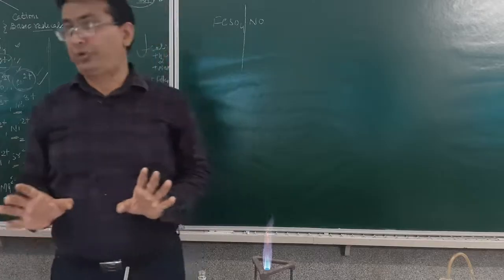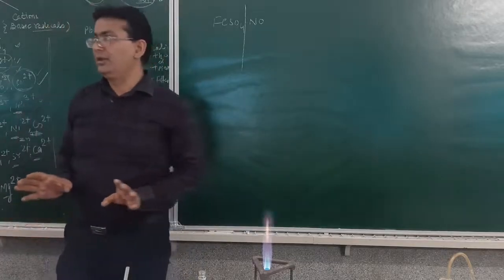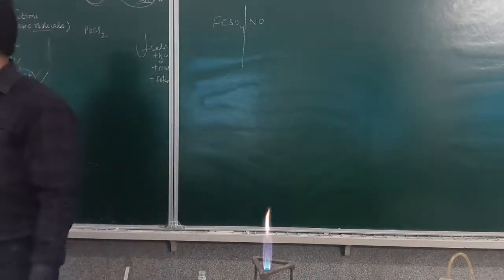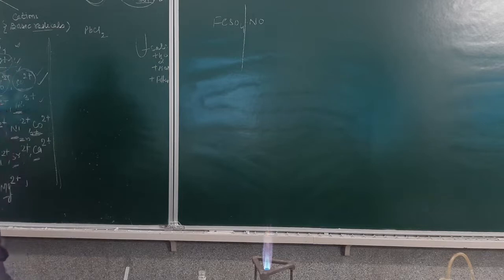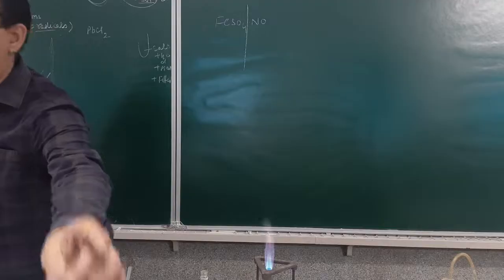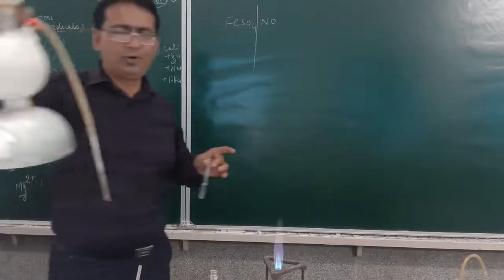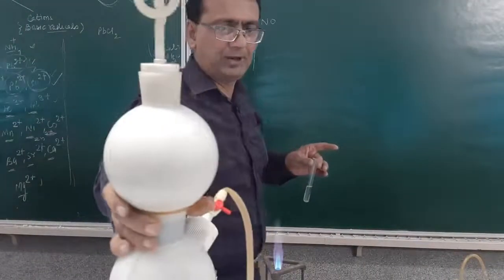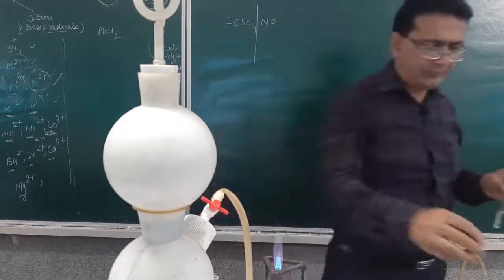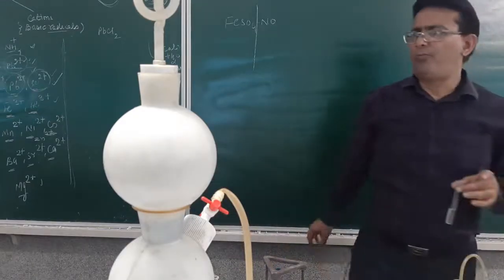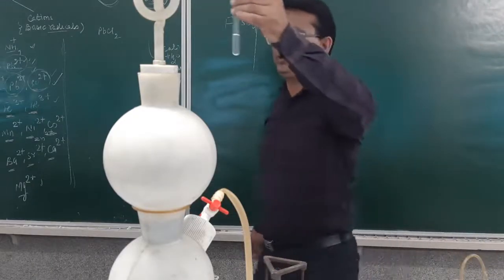Now, see one more thing. Suppose group number 1 is absent, so lead is not present, what will we do? We will shift to group number 2. How do we shift to group number 2? We will pass hydrogen sulfide gas through this filtrate.